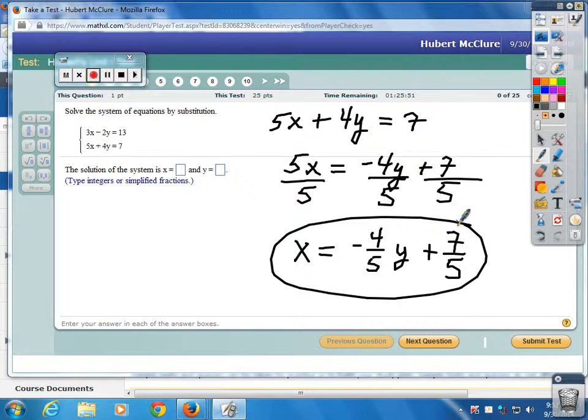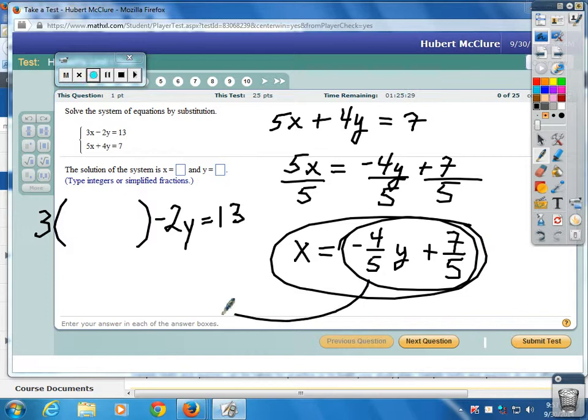All right. So she's got x is equal to that. So what are we going to do with that x? Plug it in for what? X into the other equation. So 3 parentheses, minus 2y is equal to 13. And I'm going to plug in this right here, negative 4/5 y plus 7/5.